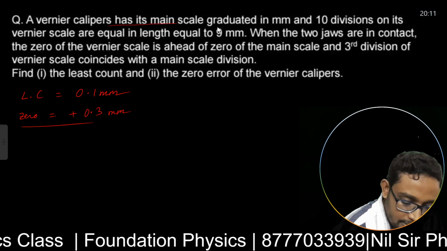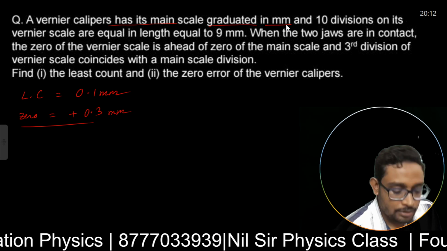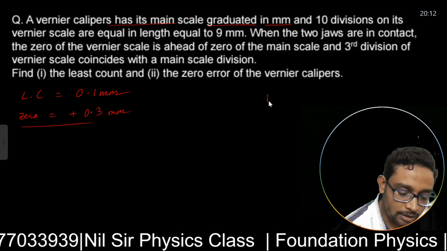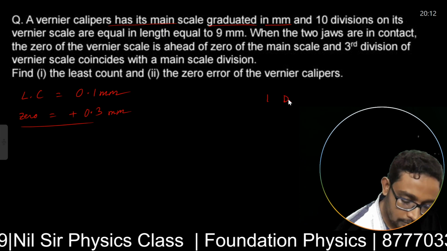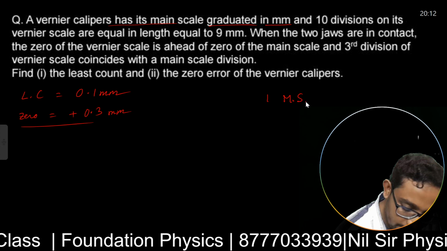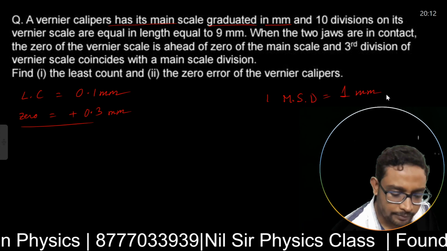Vernier calipers has main scale graduated in millimeter, right? Main scale in millimeter. So one main scale division equals, we can take 1 millimeter, right?